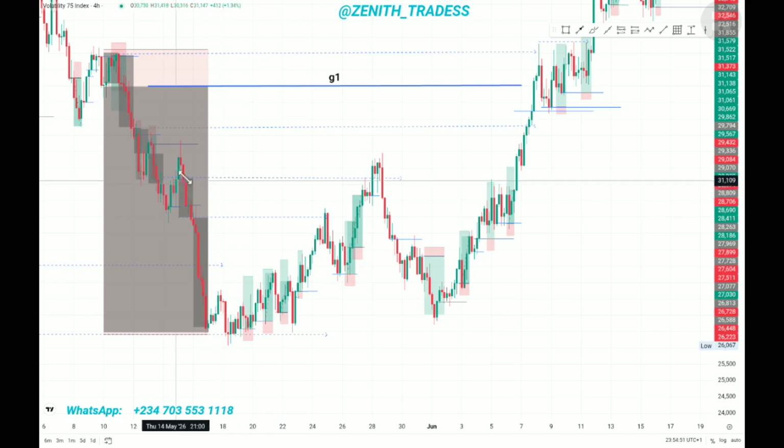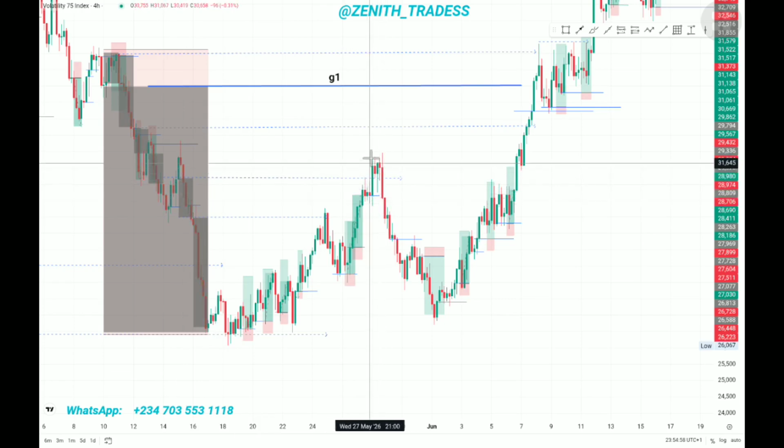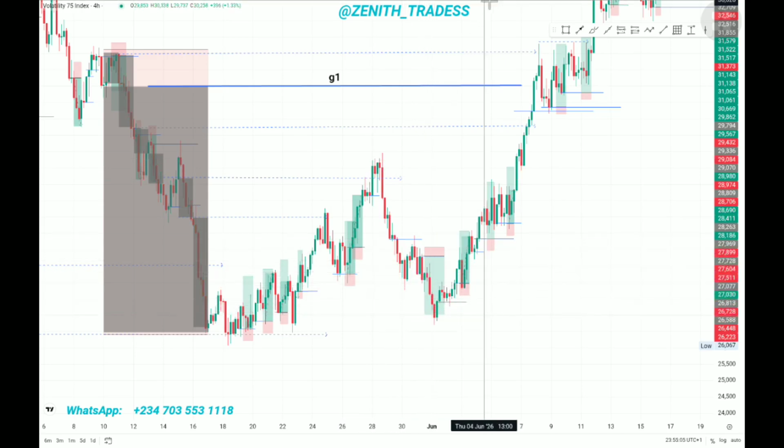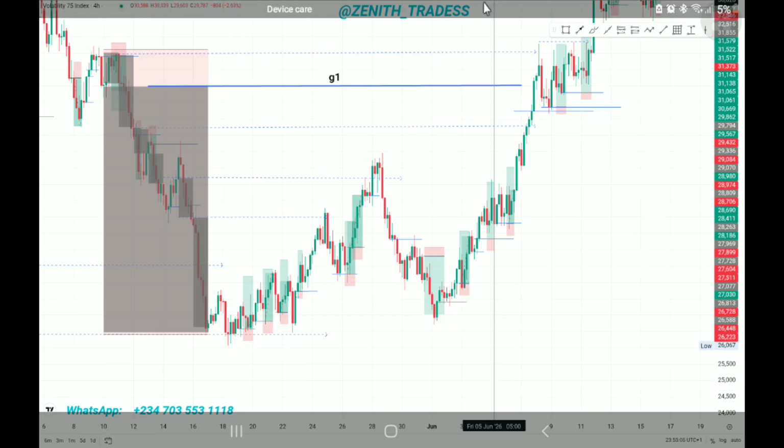Going up, the next daily open is here. When price tapped on it, it came back, it reacted but still did not hold, and a major reaction started from there. Are we together?